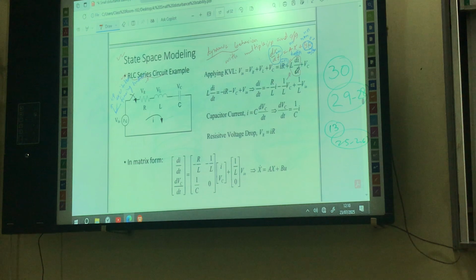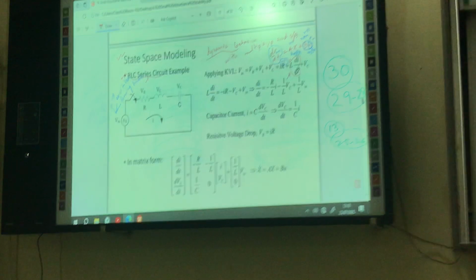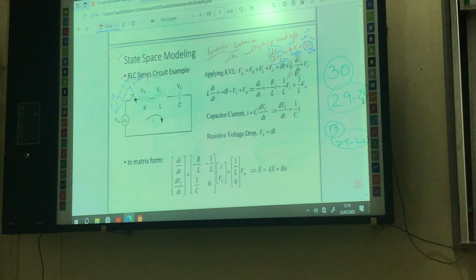But this is only true in the dynamic state, in the transient state. But if it is in the steady state, what will be the VL? Again, you are confusing the steady state with DC, and you are talking about the DC input scenario.